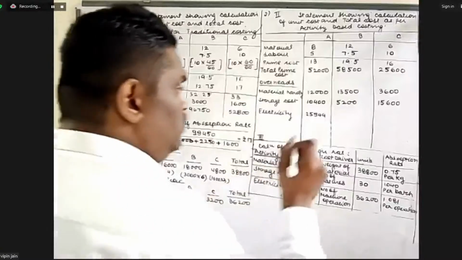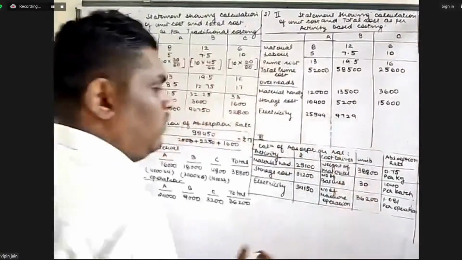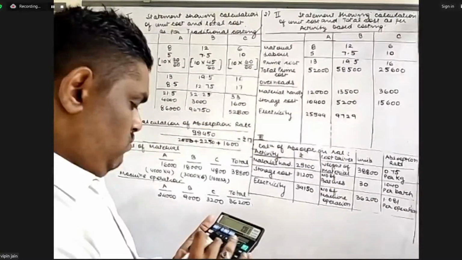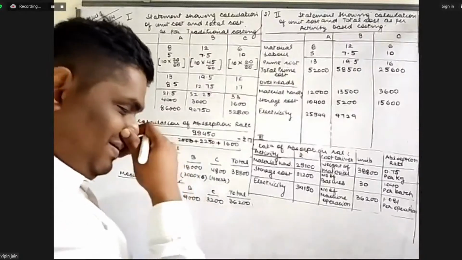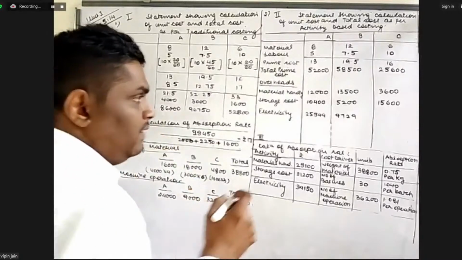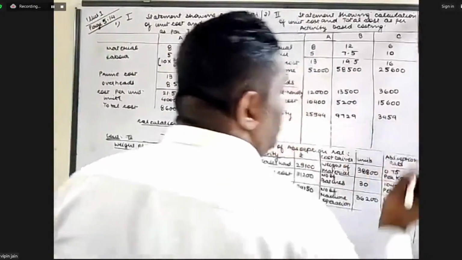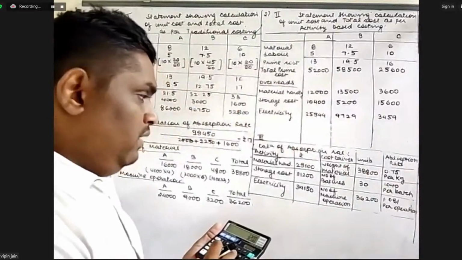This will be 9,729. This will be 345. Let me recheck the calculations. So this will be 3,200.